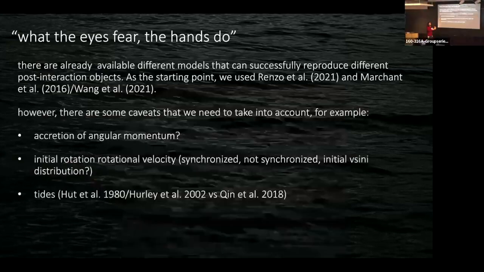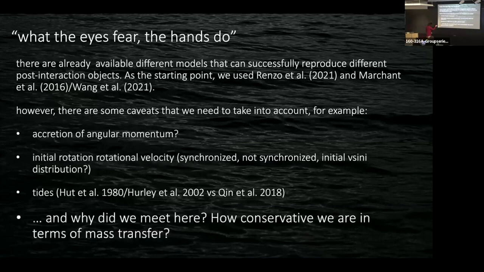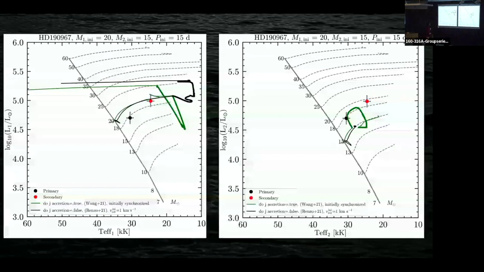And just to sum up, we have different models already available which we can use, with a lot of caveats that we already discussed and need to be careful about, especially the last point, which is completely in question. Just an example I already showed yesterday is another system.